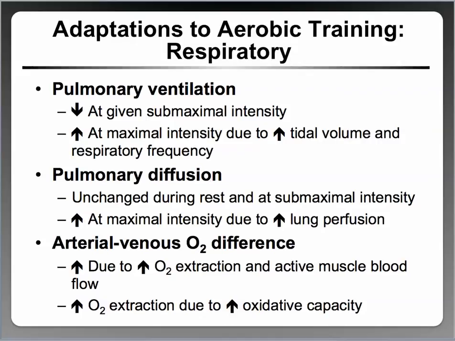And you have an increased AVO2 difference after endurance training or after aerobic training compared to the sedentary state. And that's because you can take out more oxygen, because active tissue requires it to produce energy.